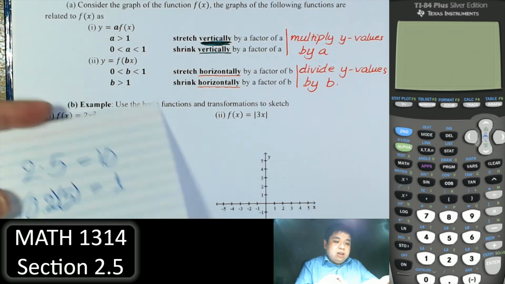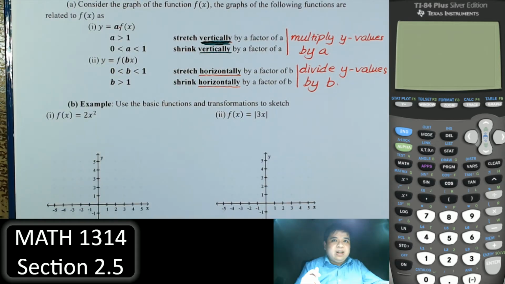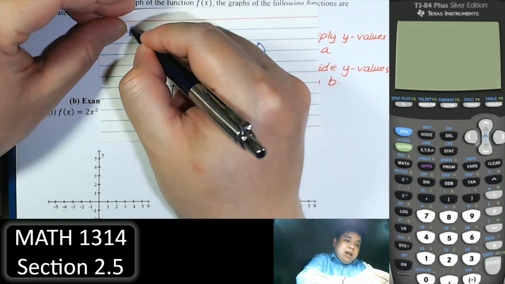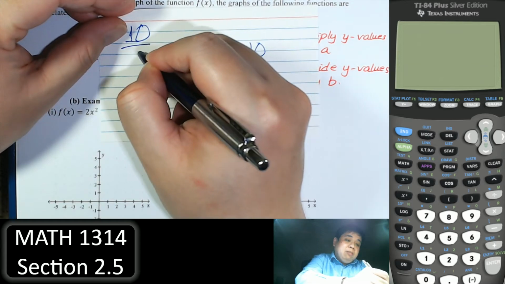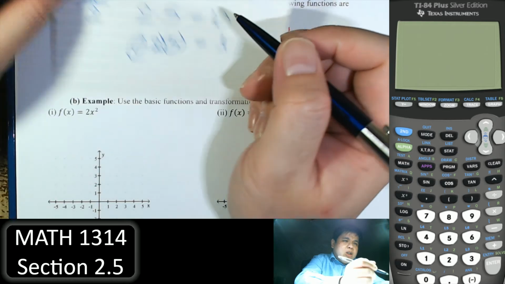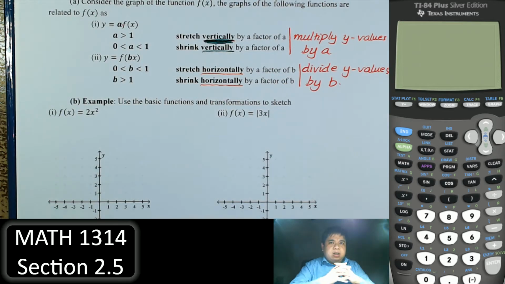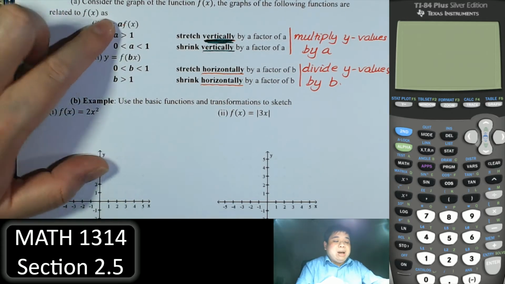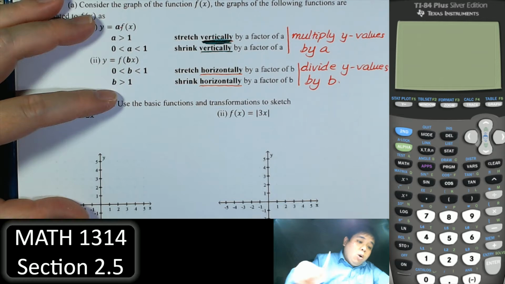Likewise, the other one works in the opposite direction. If we have a number divided by a number bigger than 1, you get smaller. So bottom line, if we get a smaller number, it's a shrink. If we get a bigger number, it's a stretch. And then horizontally or vertically, we define based on whether it is inside or outside.